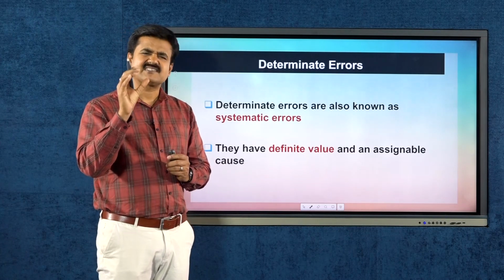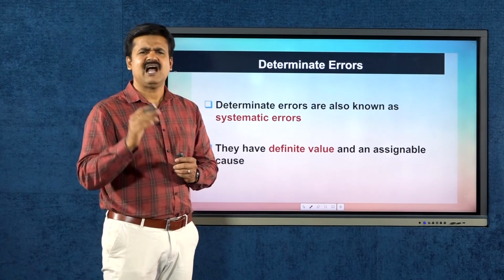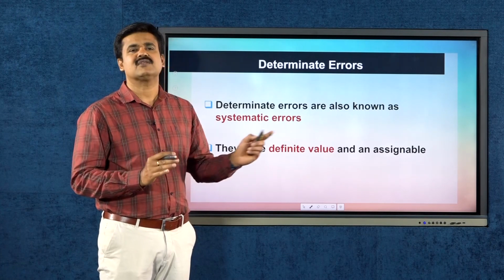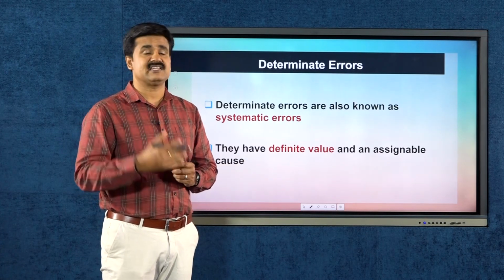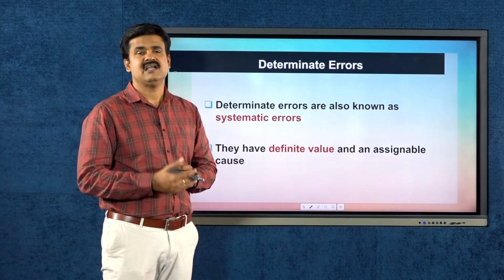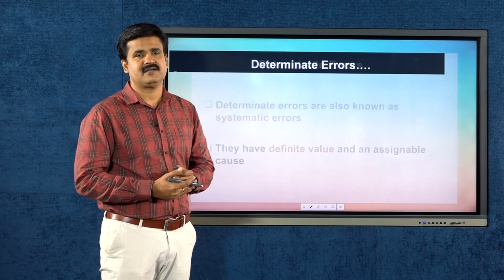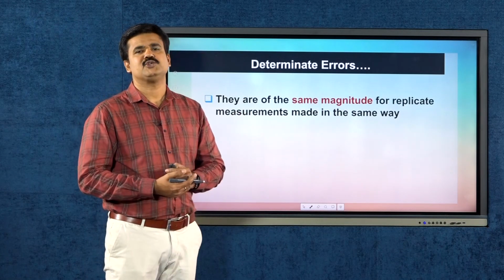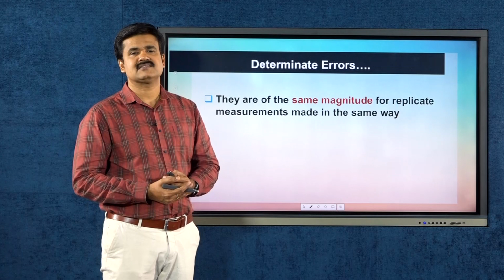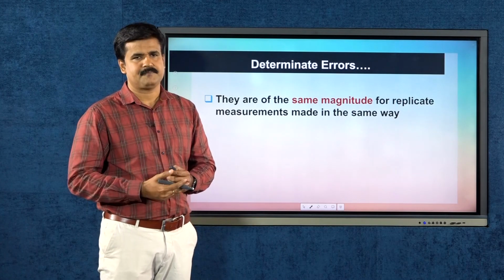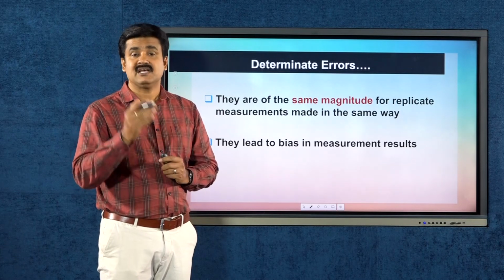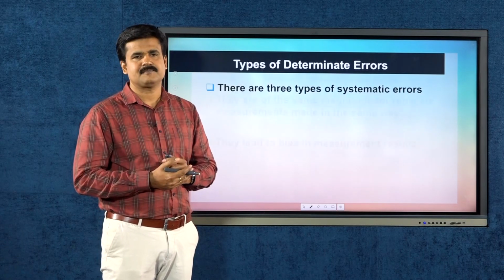It has a fixed value or definite value and there is a perfect cause, there is a reason for the determinate error. You can assign that, you can find out that reason and to some extent it can be rectified. Now, they are of the same magnitude for replicate measurements made in the same way. Now, they lead to bias in measurement results.